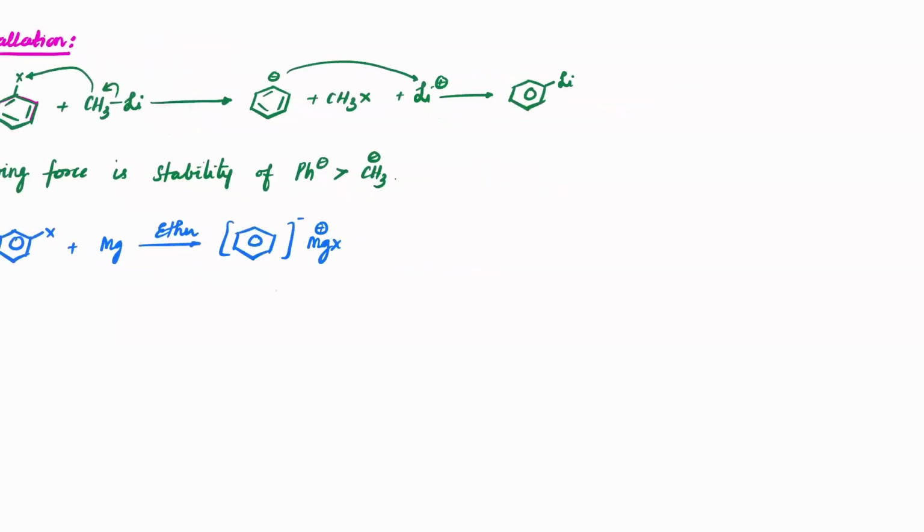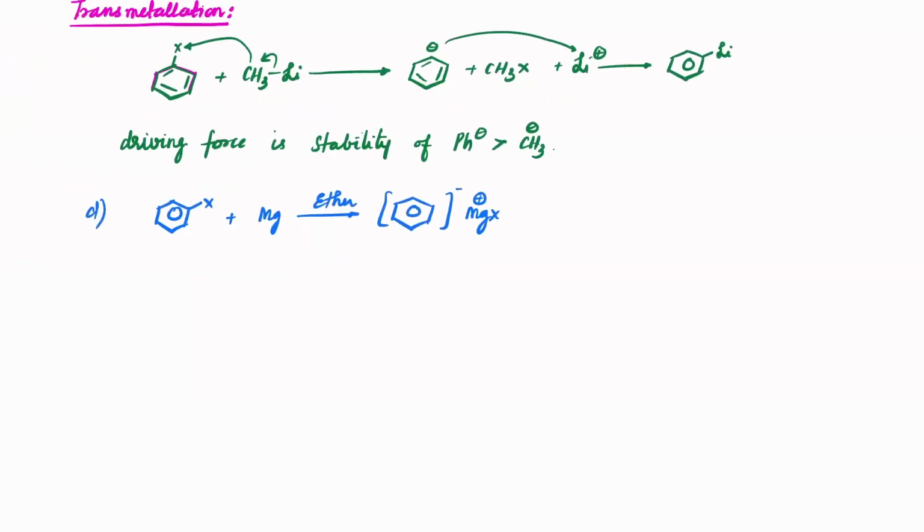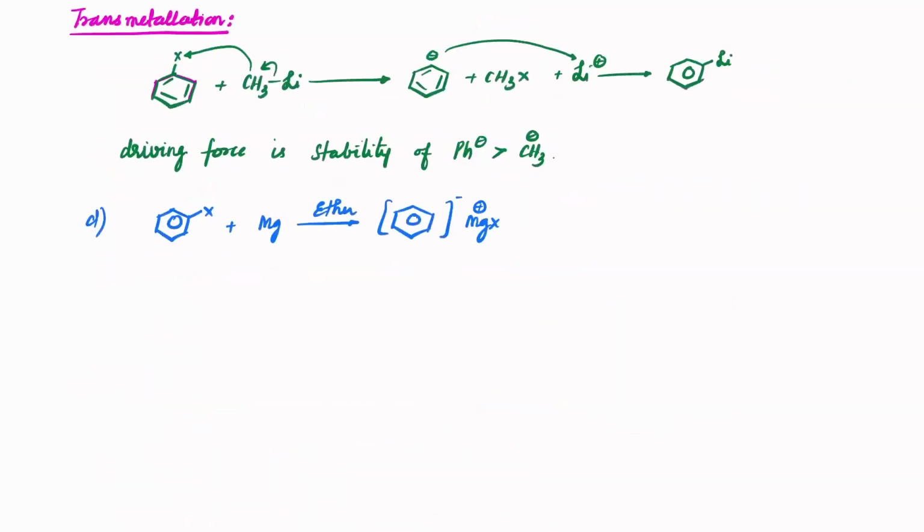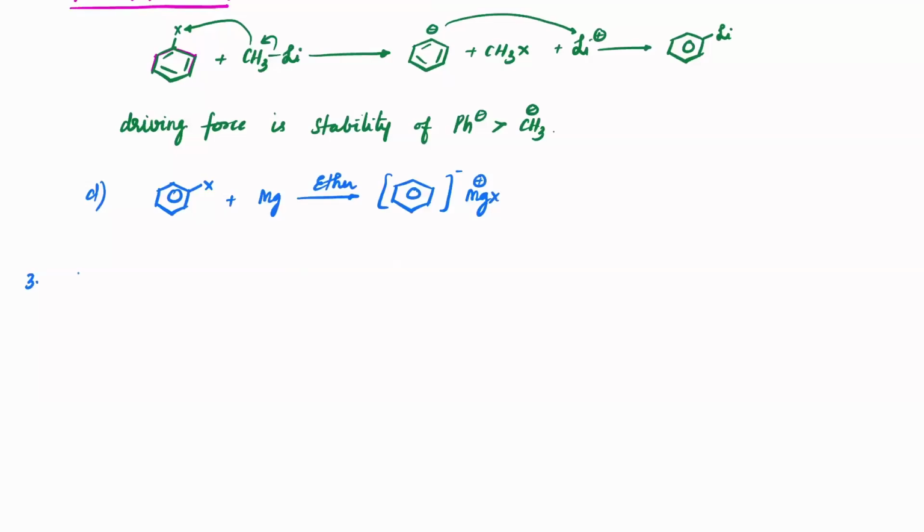Grignard's reagent will form, and you know how Grignard's reagent reactions happen, correct? Next, see the third set of reactions. This is about electrophilic aromatic substitution.